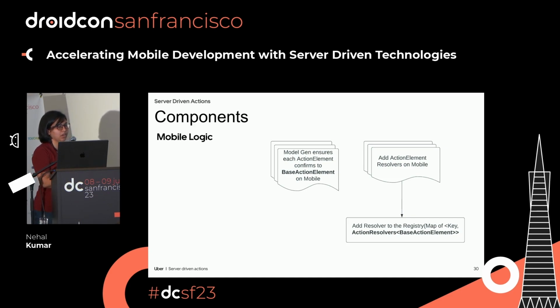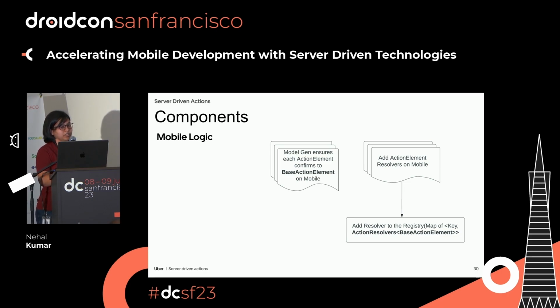To make sense of how these stringified JSON action elements are actually working, let's look at the mobile workflow. On mobile, we ensure that we are creating resolvers for each of these action elements. And as we mentioned earlier, some of the generic ones are already created and added by the library.